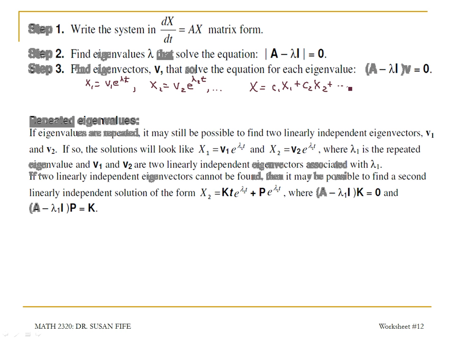For the most part, we're working with 2x2 systems or 3x3 systems. On the worksheet, I only have 2x2 systems, but in the homework assigned from the textbook, there are some 3x3 systems also.